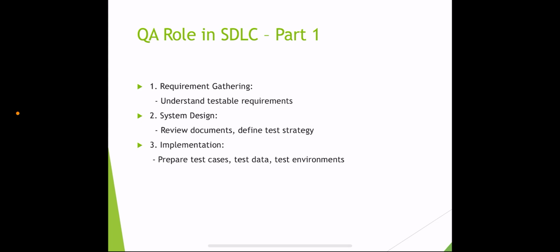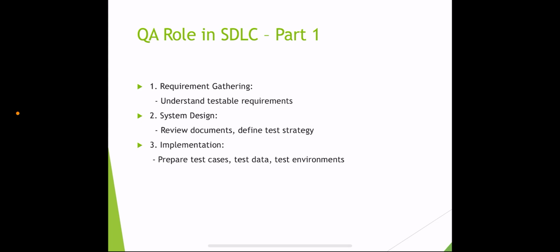So what exactly is the role of the tester in the software development lifecycle? We will go through it in brief. We have covered the requirement gathering phase. In requirement gathering, the product team, the product owner or the business analyst gives the briefing about the requirement that came from the client.